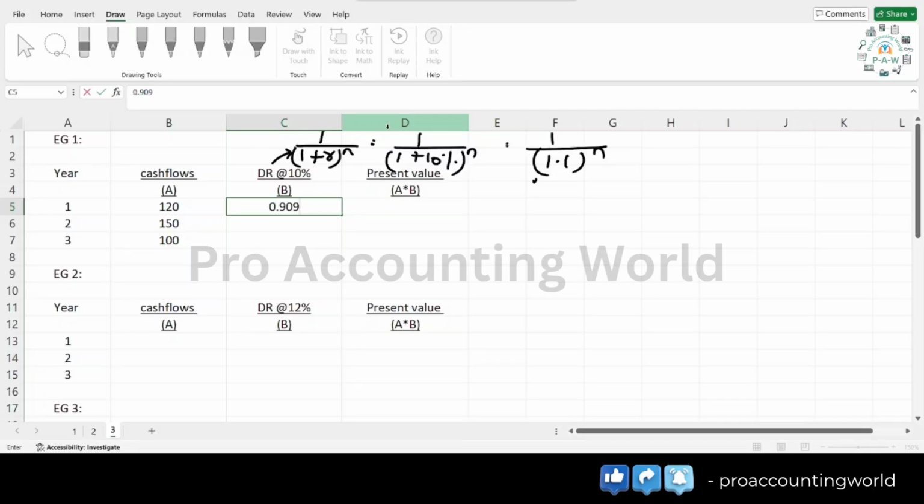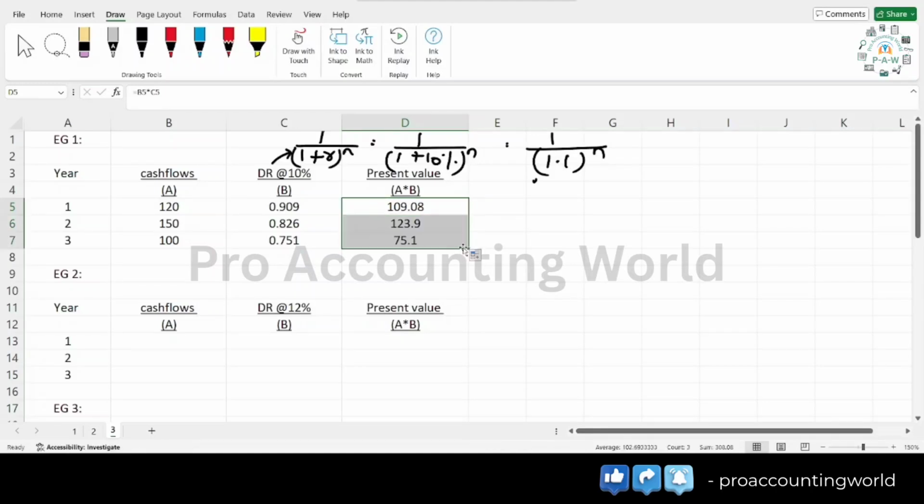For the second year, simply press equal to, you get 0.826. And for the third year, again press equal to, you get 0.751. Now multiply the future cash flows with the discount rate. You get the present value.